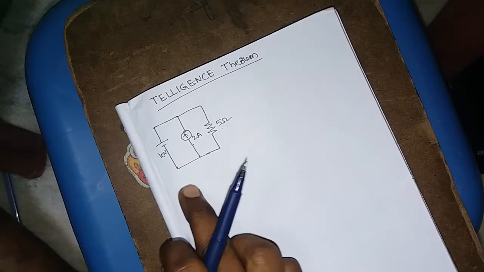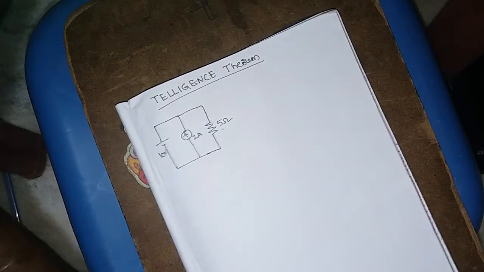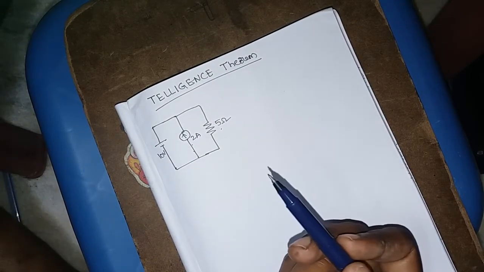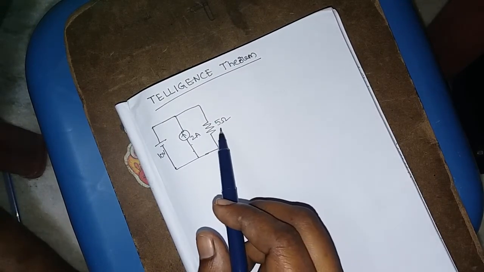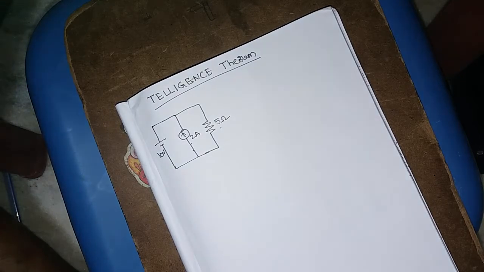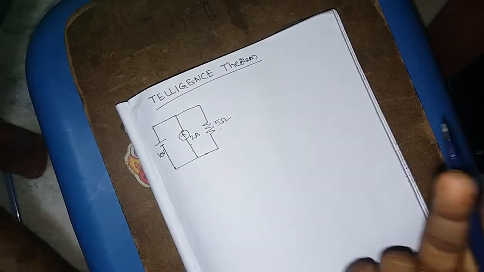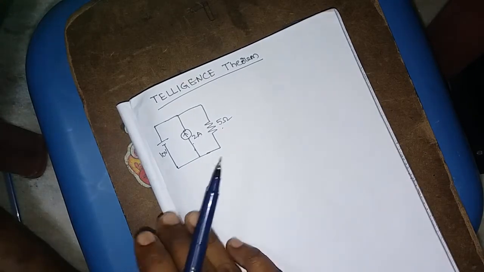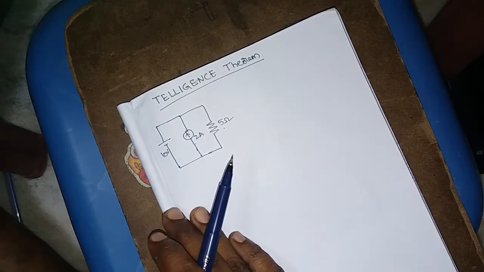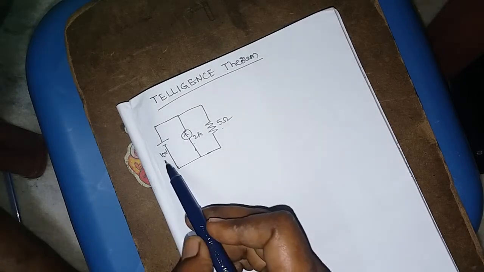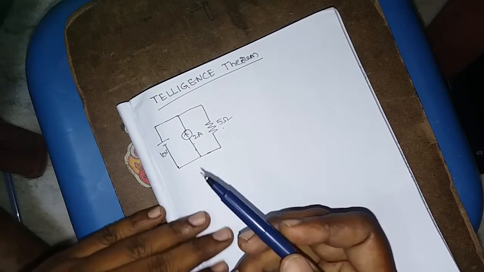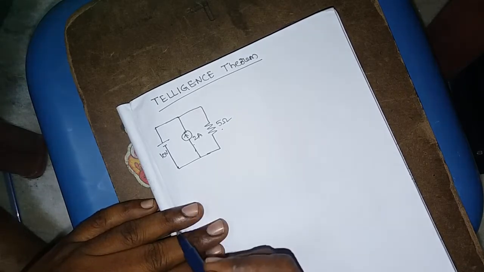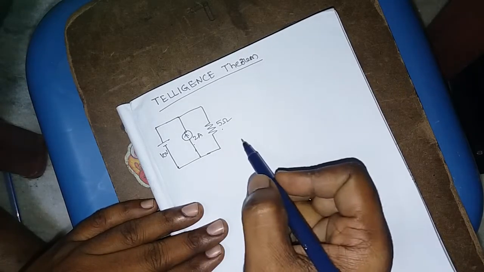My question is, how much power is delivered by the voltage source, how much power is delivered by the current source, and how much power is absorbed by the resistor, because the resistor cannot deliver power. Voltage source and current source can deliver power. As the three branches are connected in parallel, the voltage across each is the same.